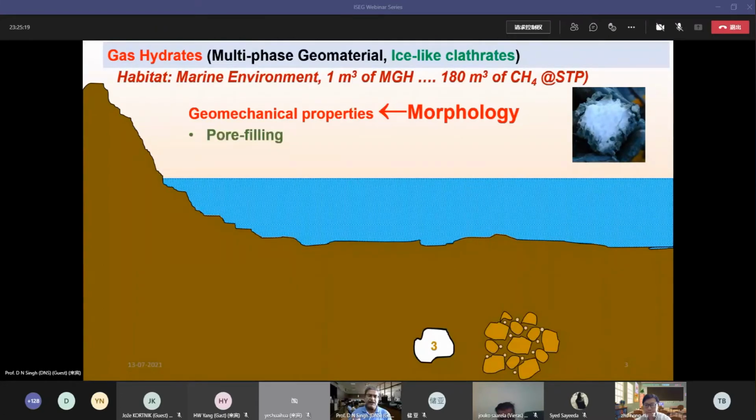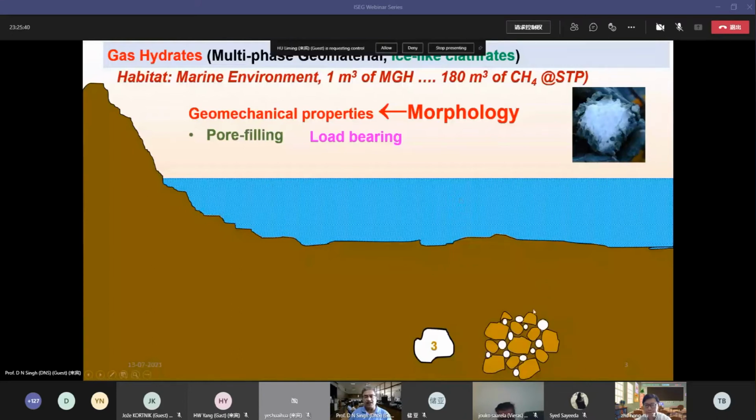We have three types of morphologies. One is pore filling. You can see here the space between the grains is getting filled up by the hydrates. So this is the pore filling. We have load bearing, where the structure has a property to take the load also.